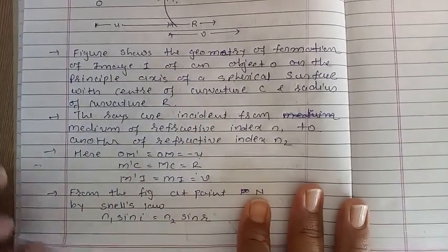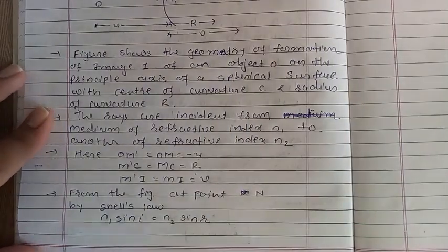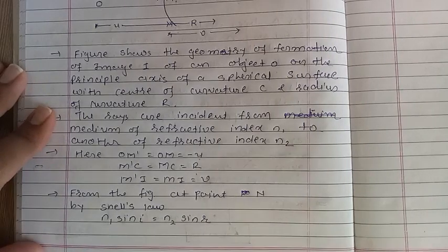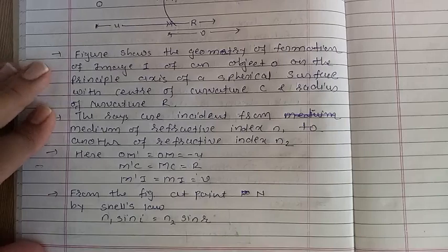But we know, friends, here the angle is very small, and we already studied that if the angle is very small, then sin theta is equal to tan theta is equal to theta. So here we take sin i is equal to i and sin r is equal to r.